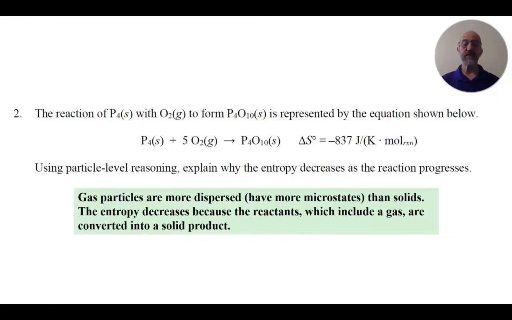So this answer to question 2 is the type of answer that you would need to provide if you saw a similar question on the AP Chemistry free response section involving a change in entropy for a reaction. Now, when we get to question 3, there's going to be a similar style of reasoning, and you'll see that I use a similar phrase of microstates, and I talk about the particles. So let's go ahead and move on to question 3.